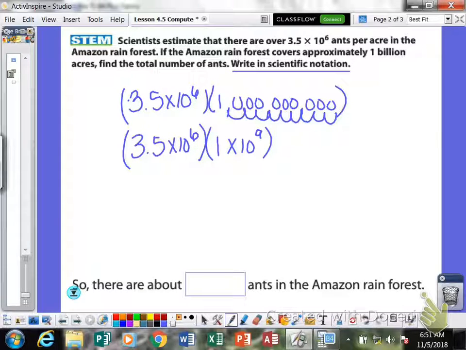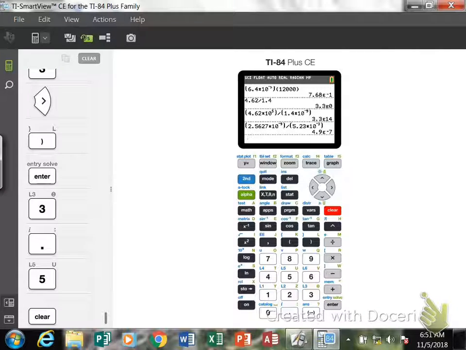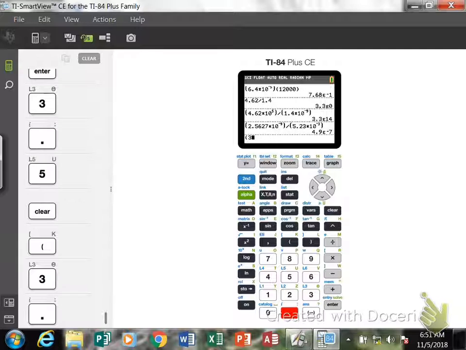So we go to our calculator and we type in 3.5, again, parentheses, I have this habit of not using them.